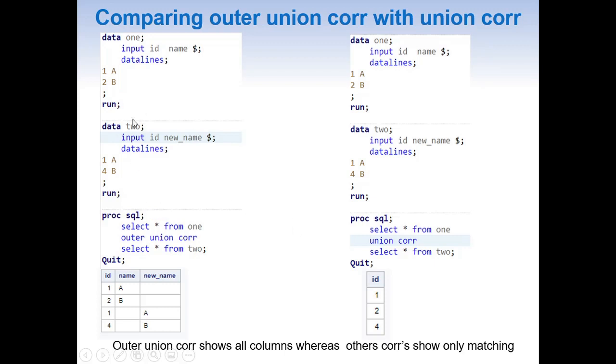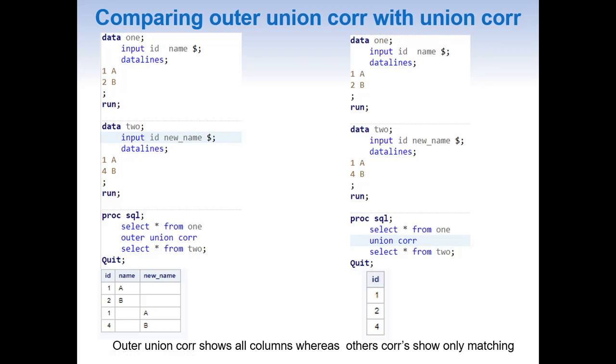But when we use the same data sets and we do union corr, it is only going to give one variable, that is ID, because that is the only match. This is the main difference between outer union corr and union corr.